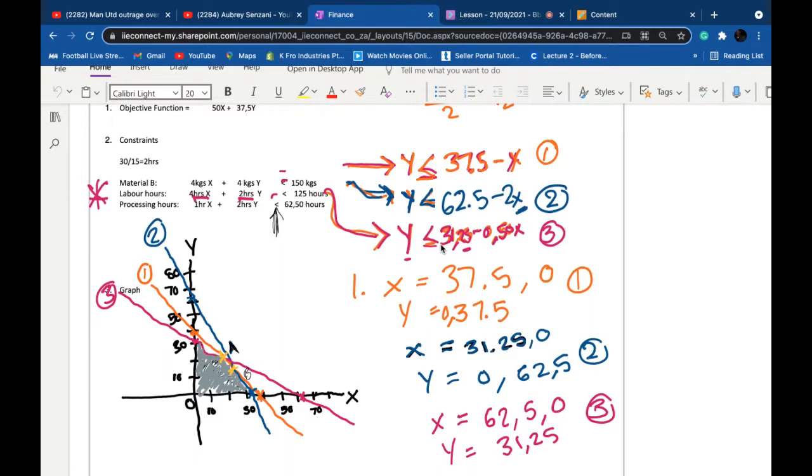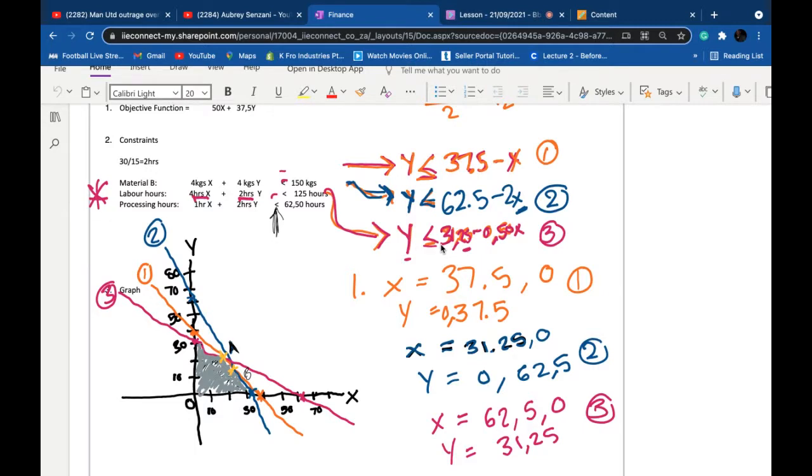Do the lines have to overlap the axis? No, they don't have to overlap the axis, but we're looking for where they begin to cross. Because at the point where they are all crossing, we know that's where we're likely to be making the most profit. We want to be as close to these lines as possible.